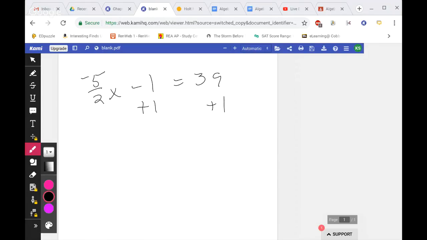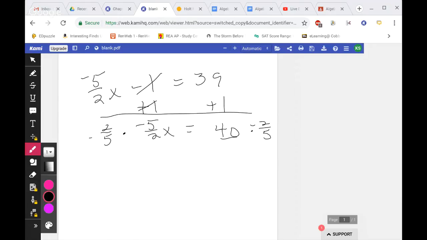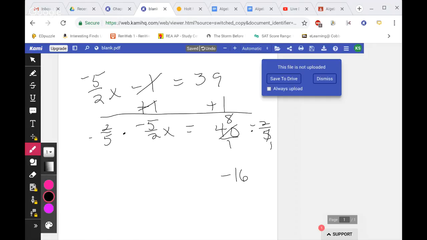So I'm going to add 1. And then I'm going to clear the fraction by multiplying by its reciprocal. I'm going to make that over 1. 5, simplify before you multiply. 8 times negative 2 is negative 16. So x equals negative 16.